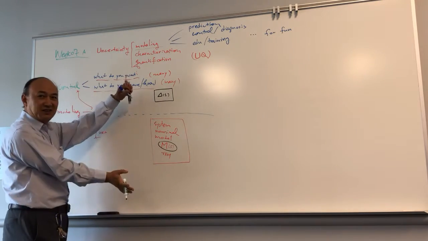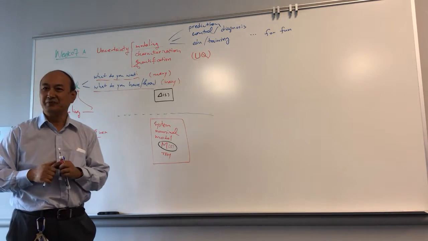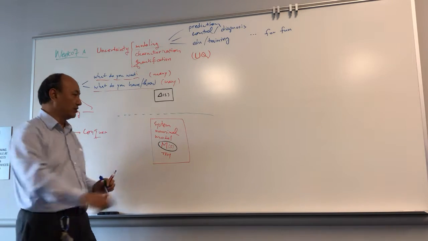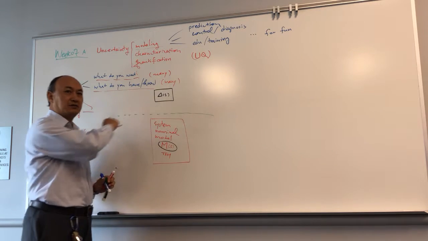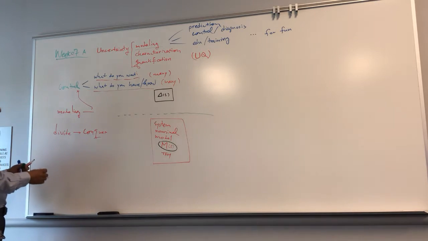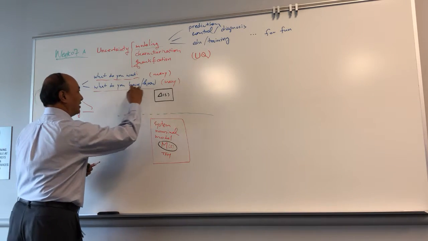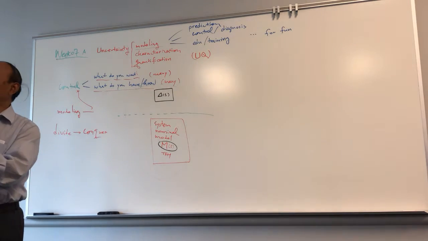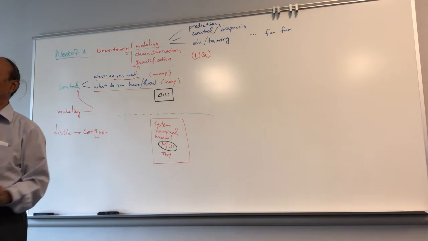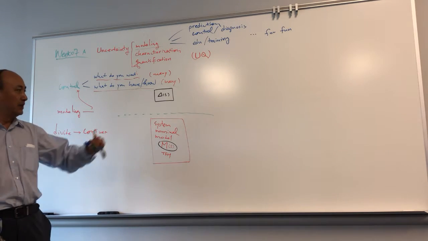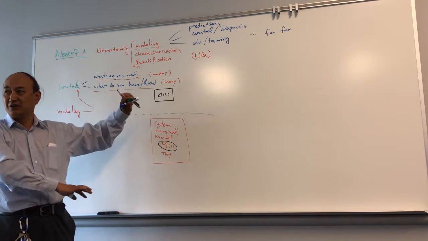We divide and conquer, or we separate knowns and unknowns. These are known, these are unknown. But in reality, we are always given a system that is the whole thing together. You need to learn how to divide them, and then you can conquer it. So this chapter will give you a very important systematic way to separate these knowns and unknowns.